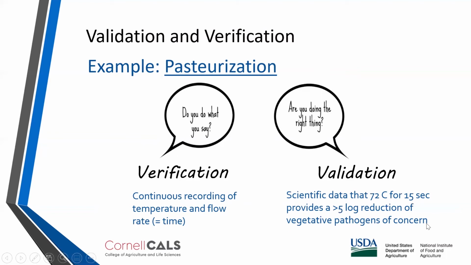So in this case, we're very lucky that we have a very clear validation. Verification then is continuous recording of temperature and flow rate, if we're talking about high temperature, short time pasteurization, because flow rate and the length of a holding tube can be translated into time. Therefore, we can prove that every drop of milk or another beverage that leaves our facility was indeed heated to 72 degrees centigrade for 15 seconds.